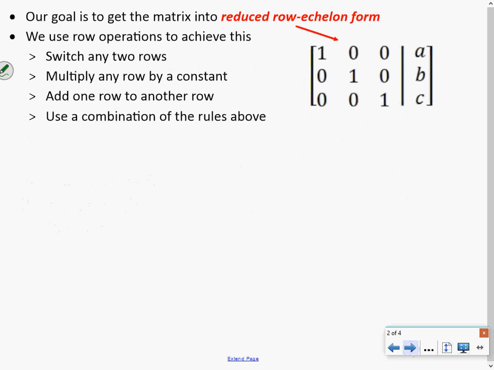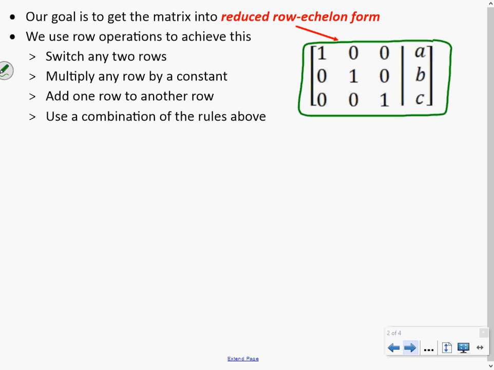So to be able to actually solve a system with row operations, we need it to be in augmented matrix form. Our goal is to turn that augmented matrix into what you see right here, which is what we call reduced row echelon form.